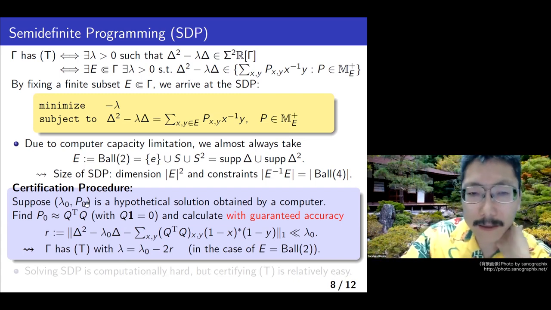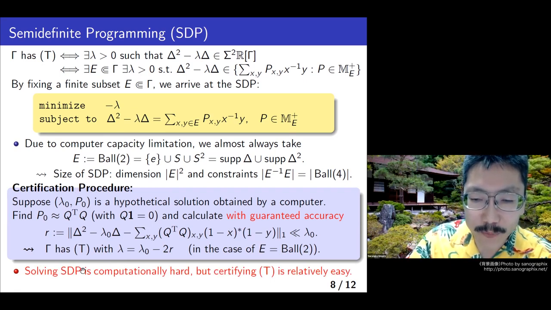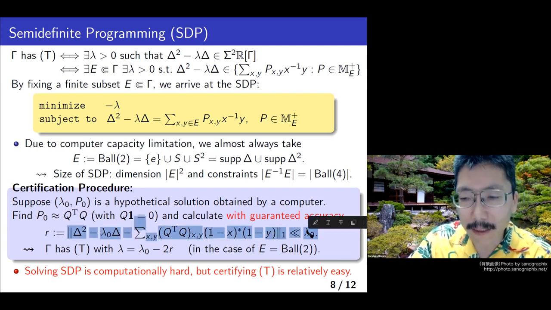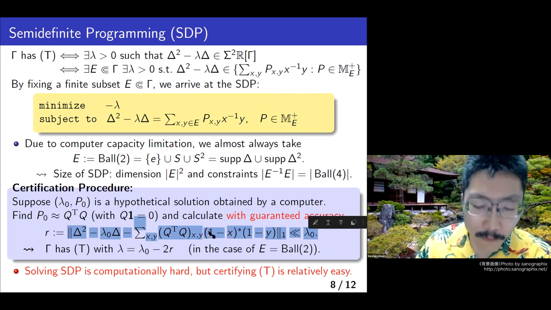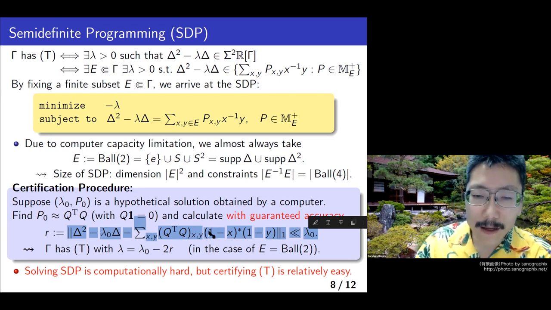The point is that solving SDP is computationally hard. It requires a lot of computer power. But in the end, we prepare the Q and this lambda naught, and to check this inequality is really easy. In the automorphism group of free group case, you can do it on your computer.